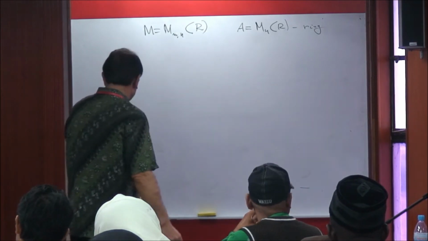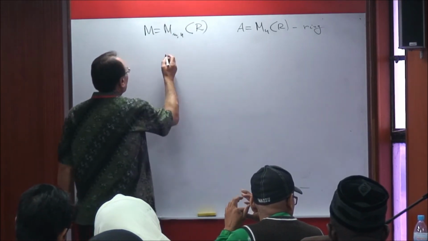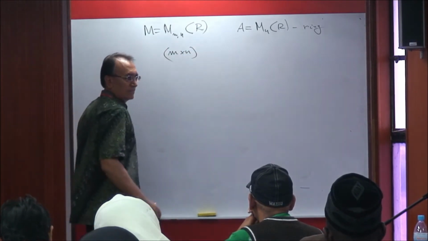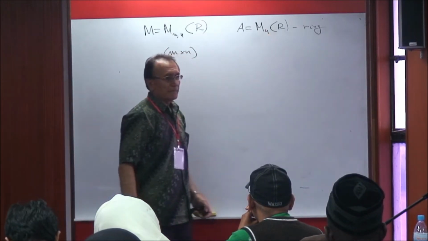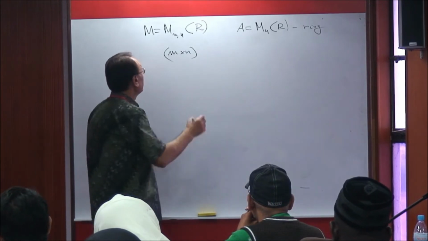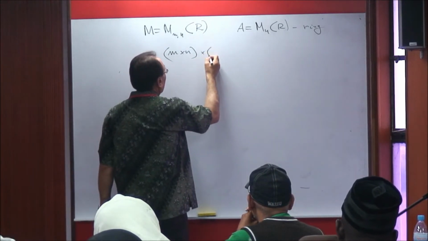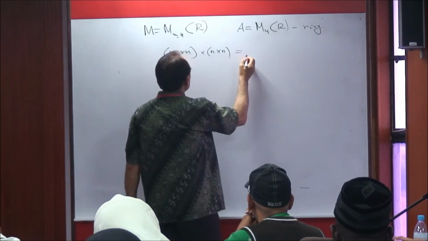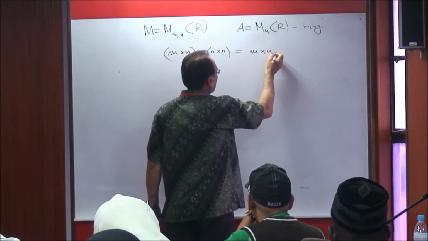Then let us insert the action. Here you have an m cross n matrix. Here you have an n cross n matrix. You multiply by the n cross n matrix. The result is an m cross n matrix.